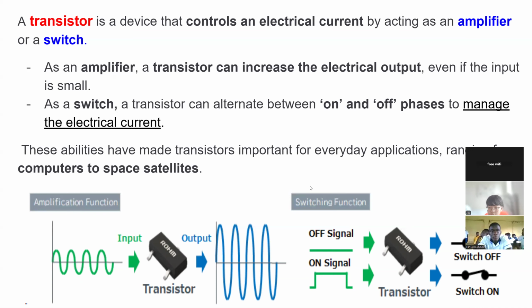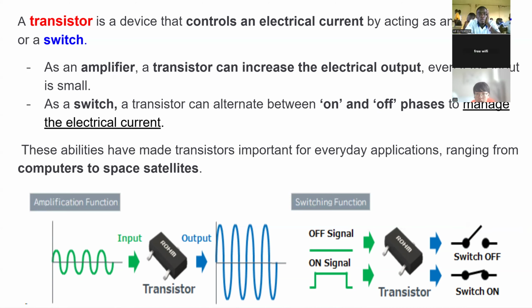These abilities have made transistors important for everyday applications, ranging from computers to space satellites. So the transistor is very important. It can amplify current or turn the current off or on.